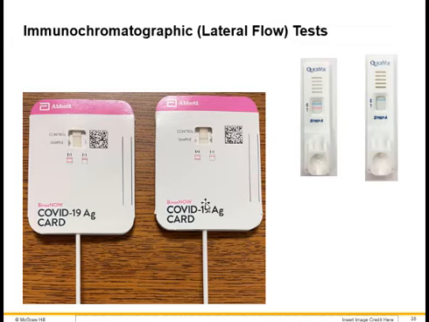The swab comes into contact with the strip which has the reagents on it, and then it runs up the strip and pulls the antigens with it, and that's basically how it works. It looks like a little lollipop.